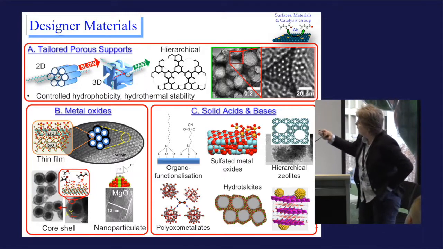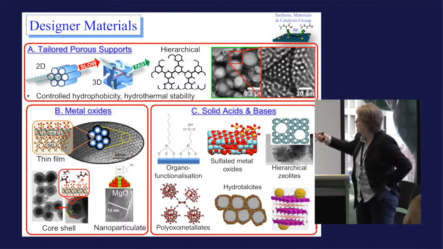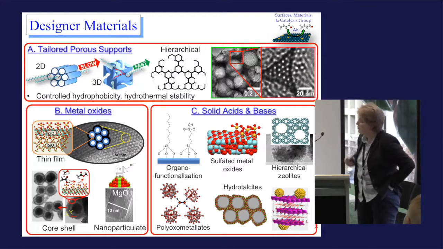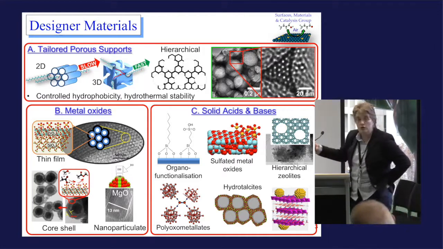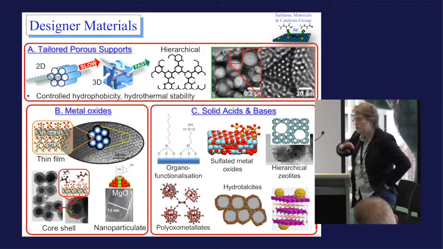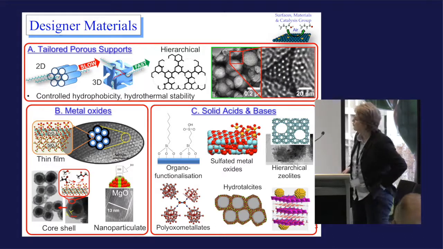Looking at tuning the hierarchy of zeolites and making bifunctional versions that are doped with metals for some reactions, and also looking at base-derived catalysts from these hydrotalcite or layered double hydroxides, which give you a lot of control over the composition and activity.